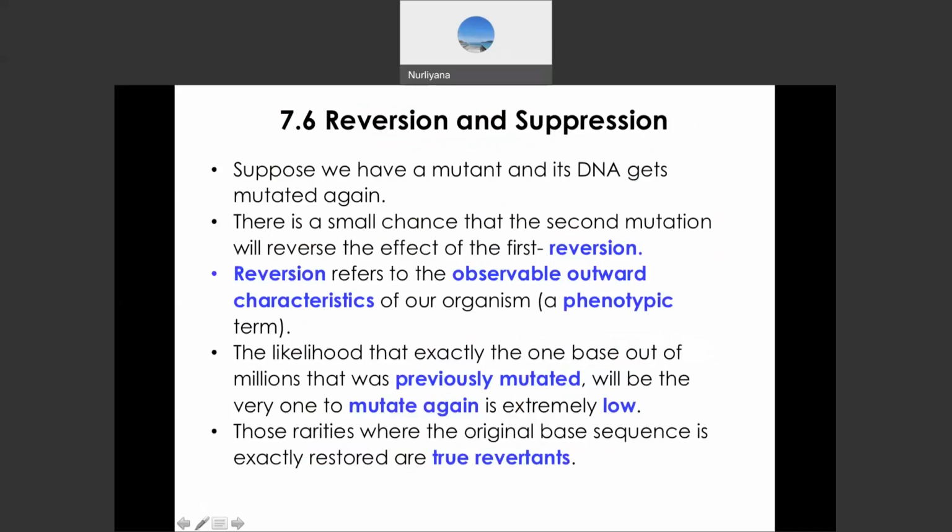Okay, I think this is the last subchapter. This is about reversion and suppression. So what is a reversion? Suppose that we have a mutant.